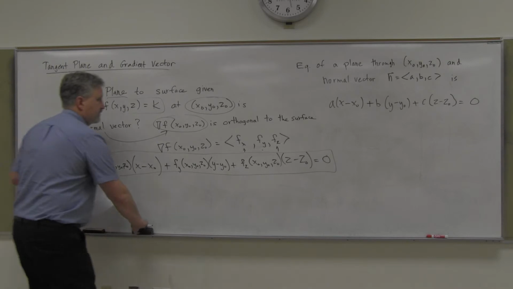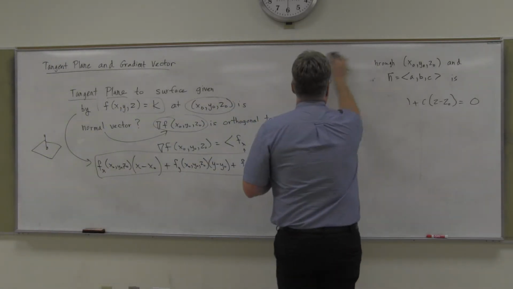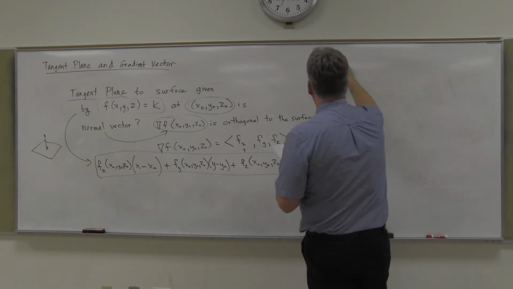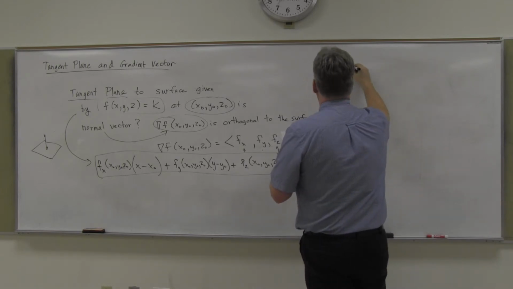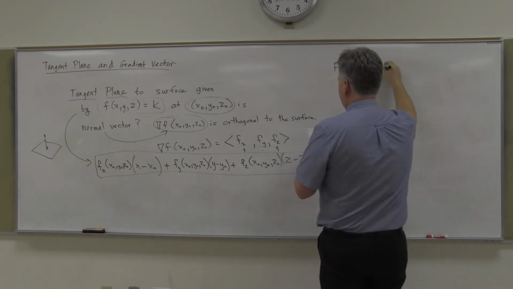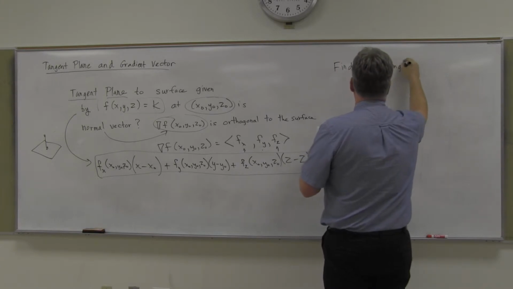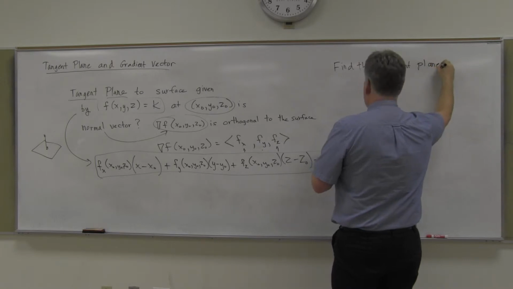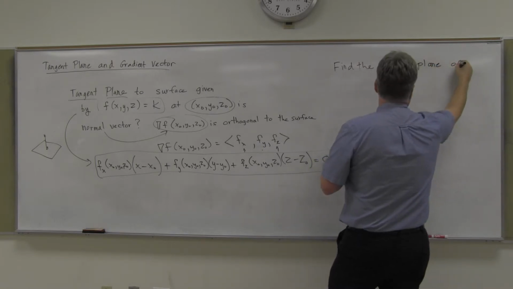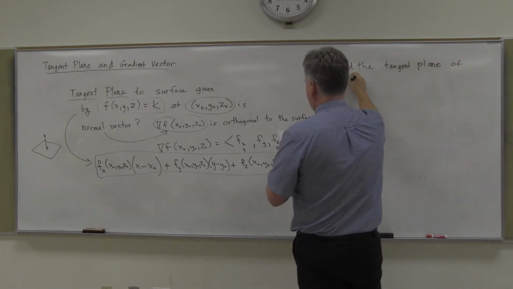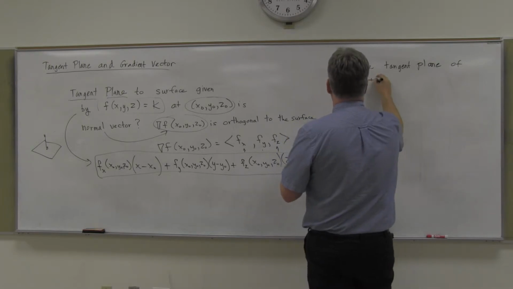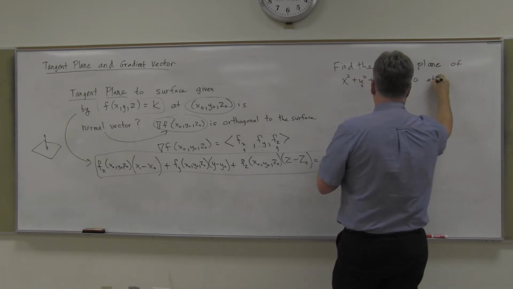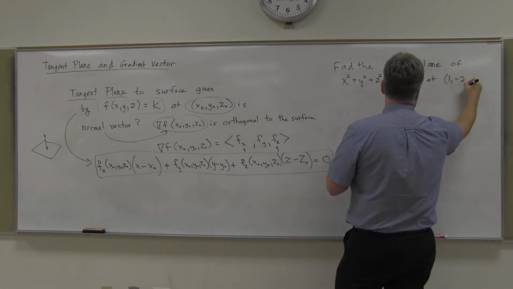Okay, so let's do one of those. All right, so let's find the tangent plane of x squared plus y squared plus z squared minus 30 equals 0 at the point (1, -2, 5).